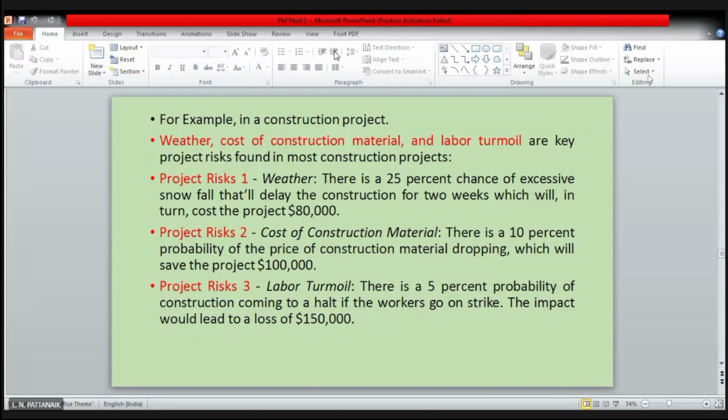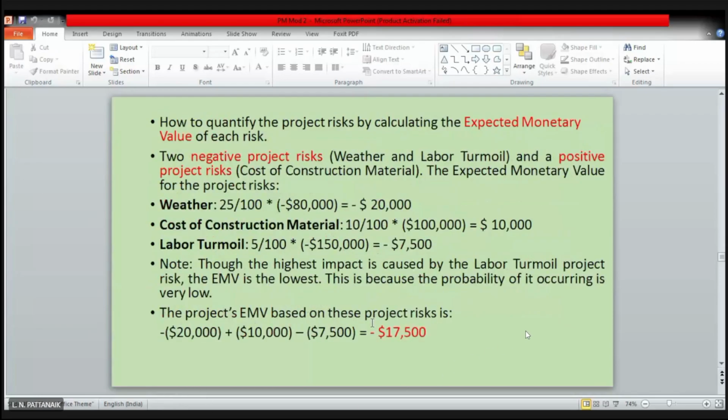So if this is the situation, and you have got all the data, then you can easily find the EMV, the expected monetary value, associated with each of these risks. Yes, this is the calculation. So how to quantify the project risk by calculating EMV? There are 2 negative project risks here, weather and labor turmoil, and a positive project risk.